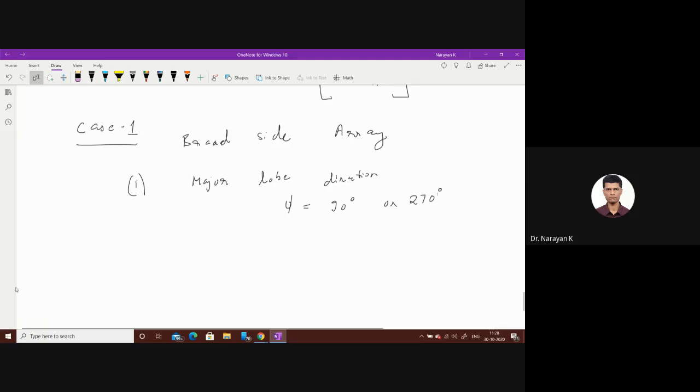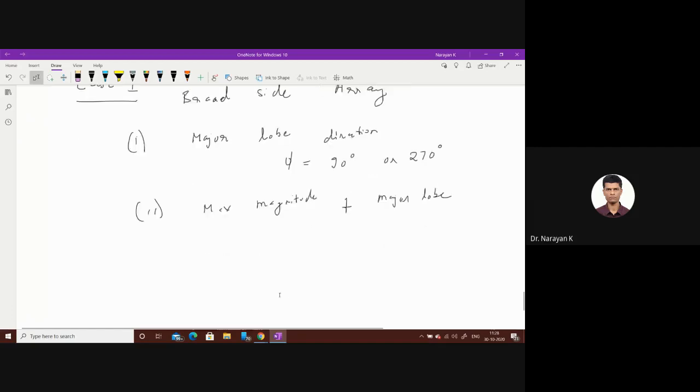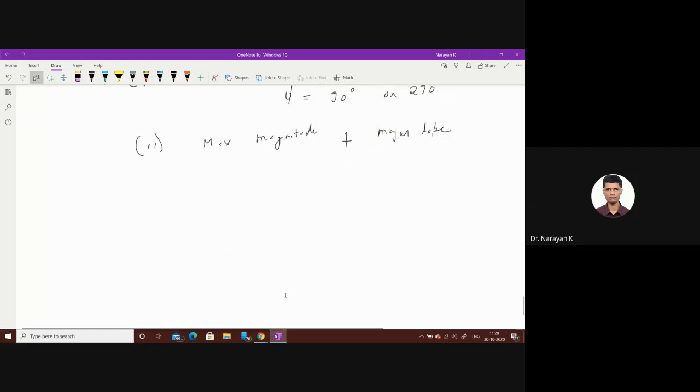Okay. Next, write down the maximum magnitude of the major lobe. That is counted as the electric field E_T equal to the limit as psi tends to 0 of the same array factor.